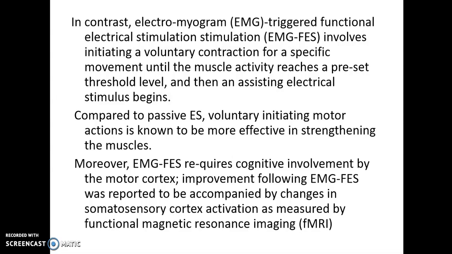So this will improve the function, and later on it will naturally improve the muscular strength also.